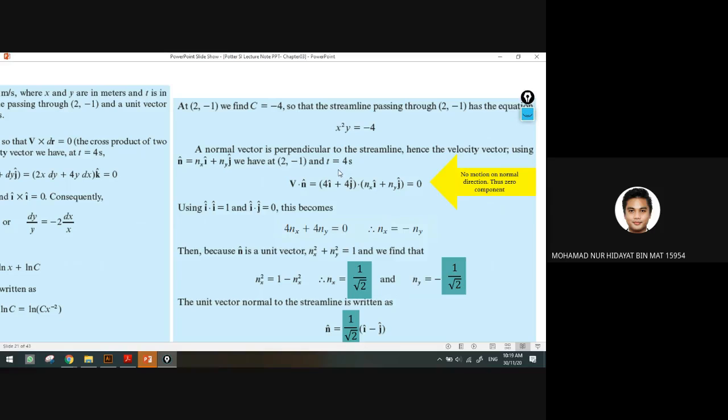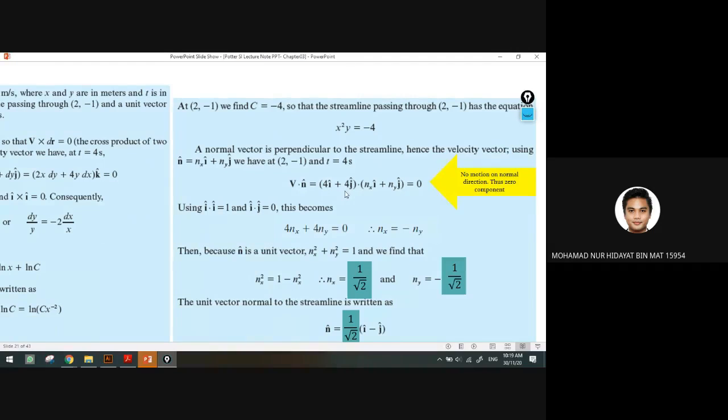Previously, for the tangential line, we used the cross product. When it is normal, we use the dot product. So V is the velocity vector, dot product with n, the normal vector. So you substitute the formula 4i plus 4j.